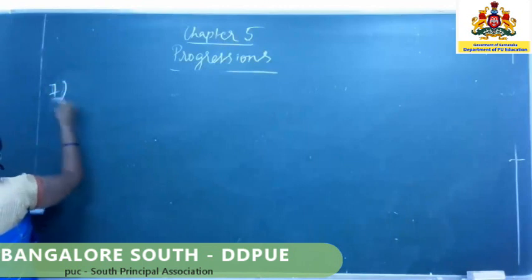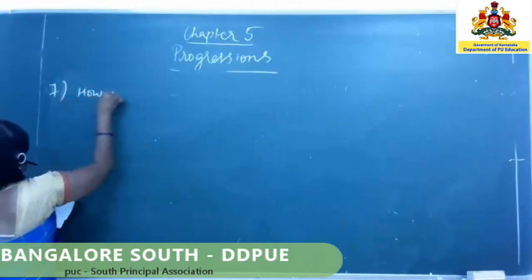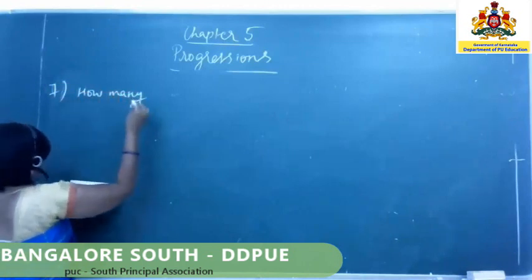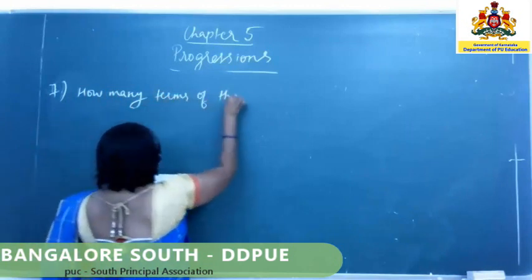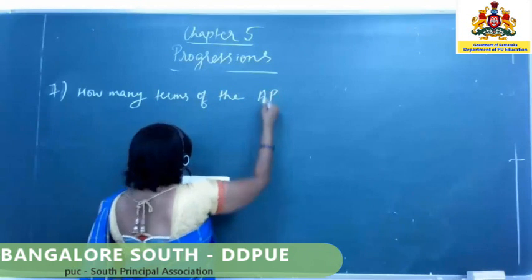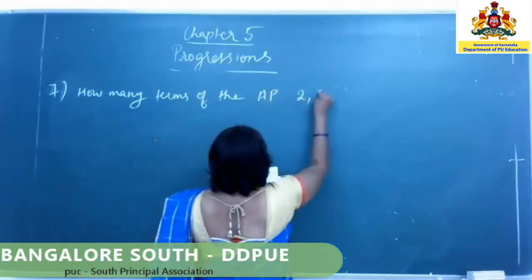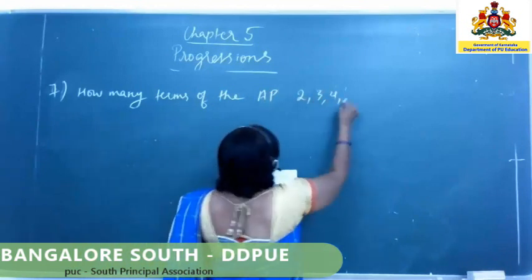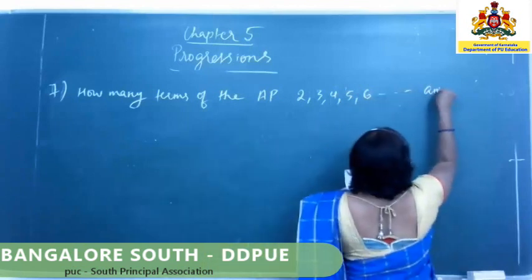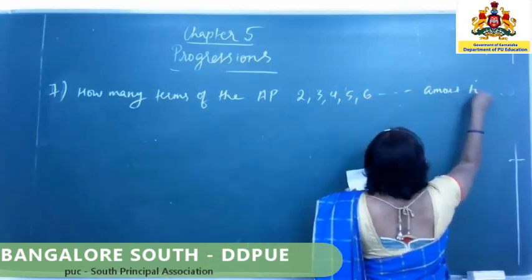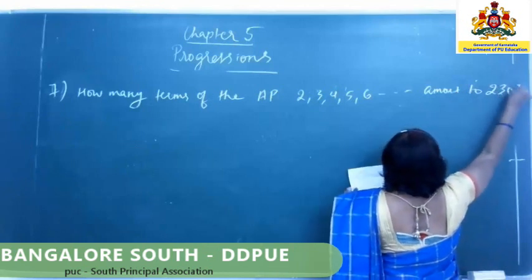How many terms of the AP 2, 3, 4, 5, 6 amount to 230?